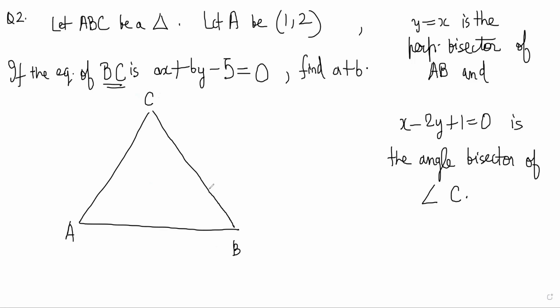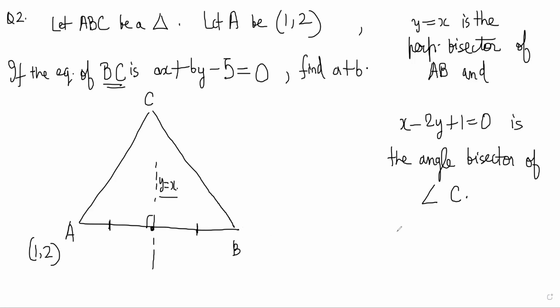A is given as (1, 2), and we are given the perpendicular bisector here. So this is y is equal to x, right? So we know that this is equal to this, no? Correct.